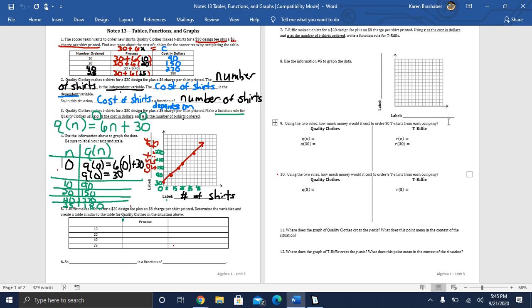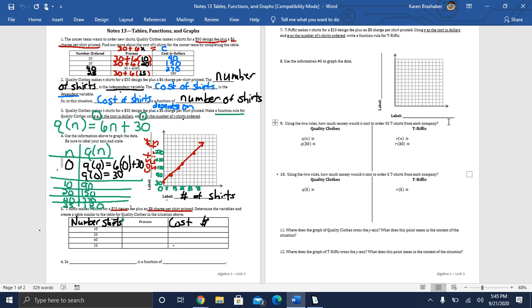So Terrific has a different amount that they charge. They charge a $20 design fee and then $8 per shirt printed. And so if we set up our table, now I left these blank, but this would be the number of shirts. And we have your process. And then we're calculating the cost in dollars.